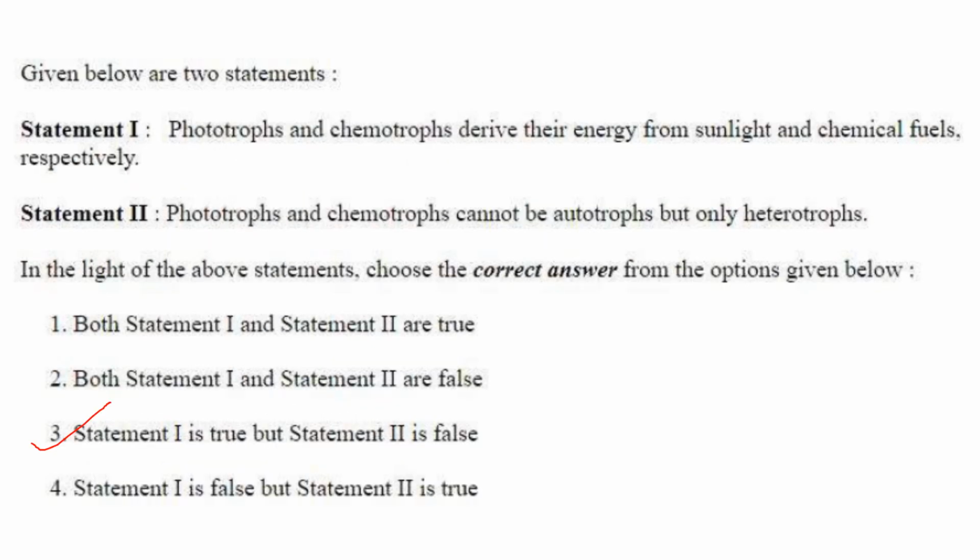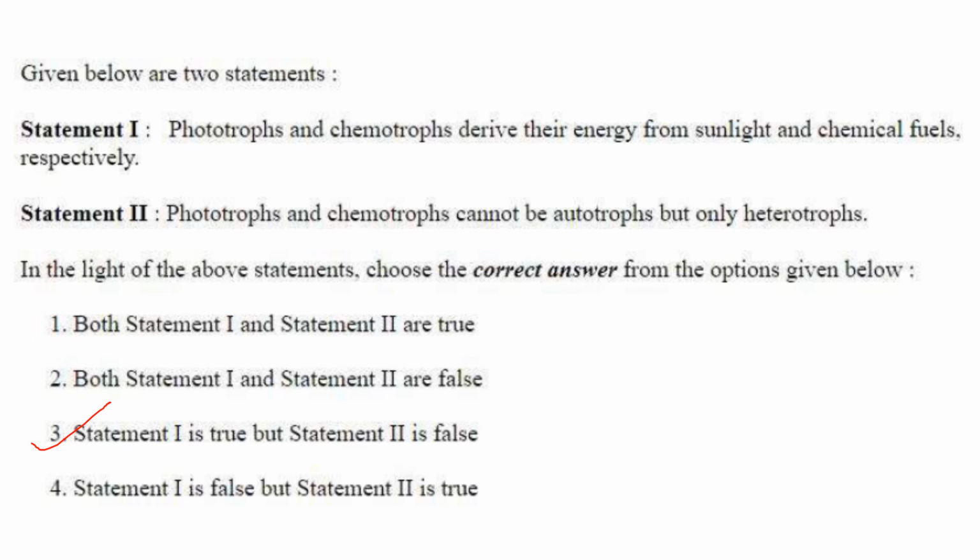Then next one. Statement 1. Phototrophs and chemotrophs derive their energy from sunlight and chemical fuels respectively. That is correct. Statement 2. Phototrophs and chemotrophs cannot be autotrophs but only heterotrophs. That is not correct. Because phototrophs, they are light energy users.